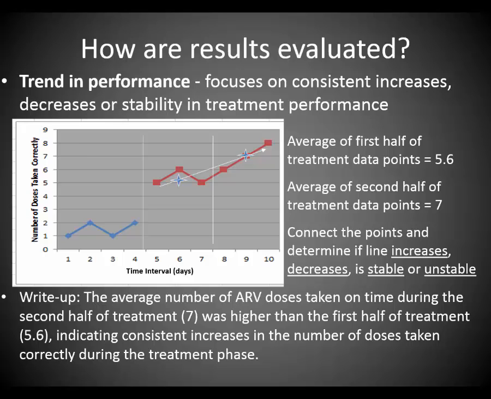The average number of antiretroviral doses taken on time during the second half of treatment was higher than the first half of treatment, indicating consistent increases in the number of doses taken correctly during the treatment phase. So again, we're just documenting whether there was an increase or a decrease or a stable line during the treatment phase, which indicates the trend in performance.